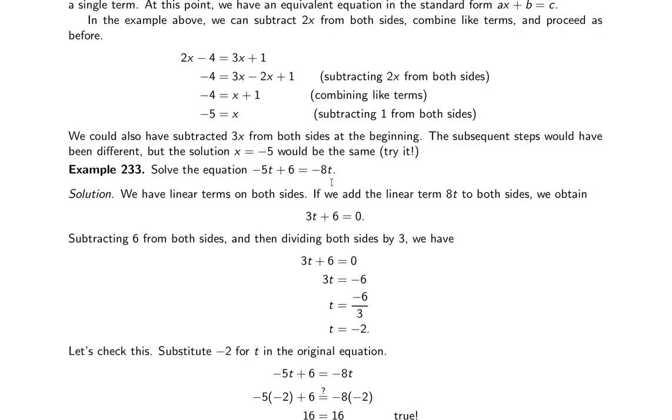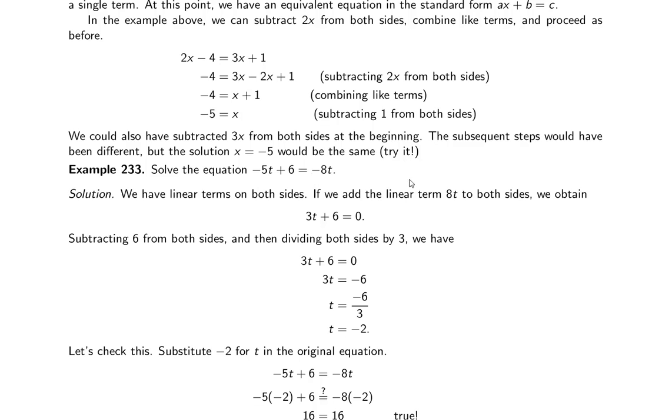Alright, so we want to get one of these linear terms to cancel. And yeah, what they're doing here is if you add 8t to both sides, well, negative 8t plus 8t is going to cancel. That'll be 0.